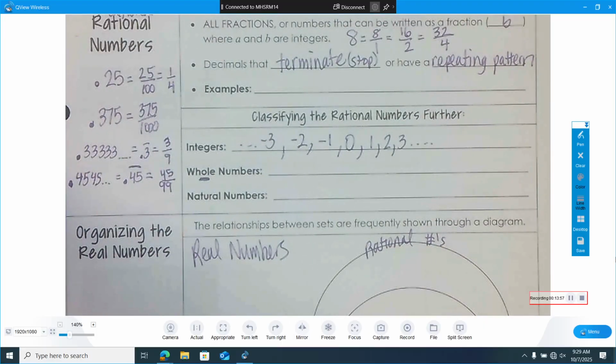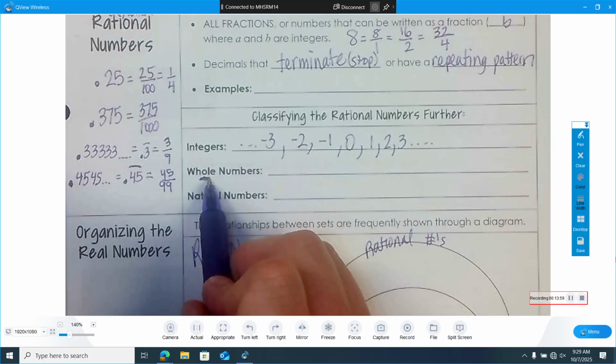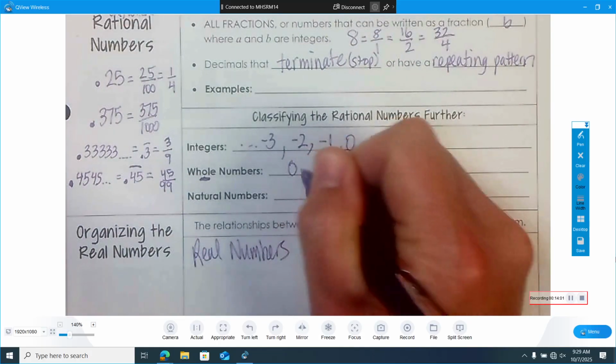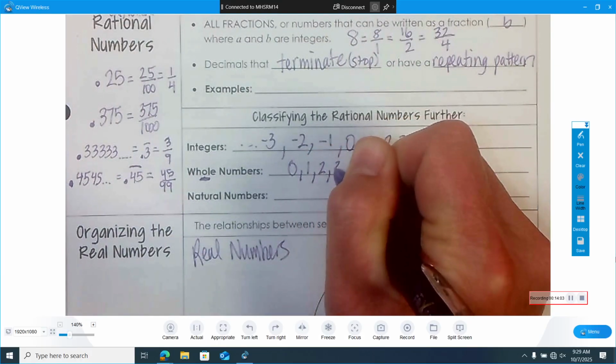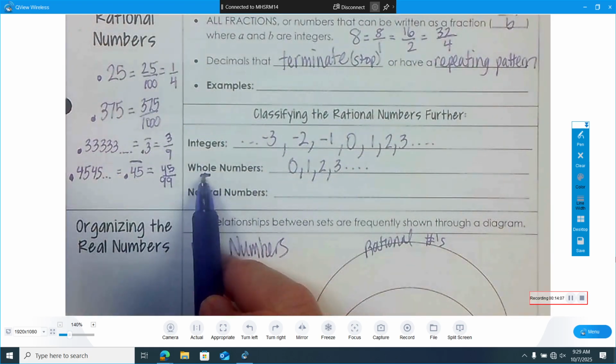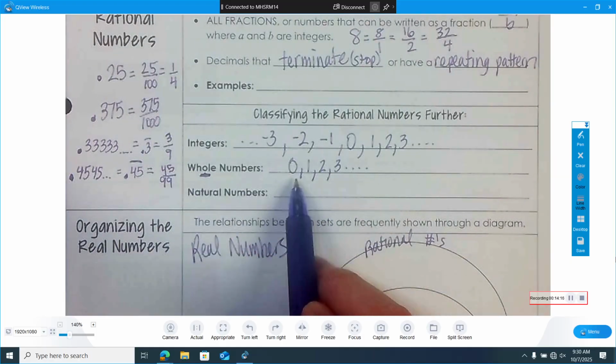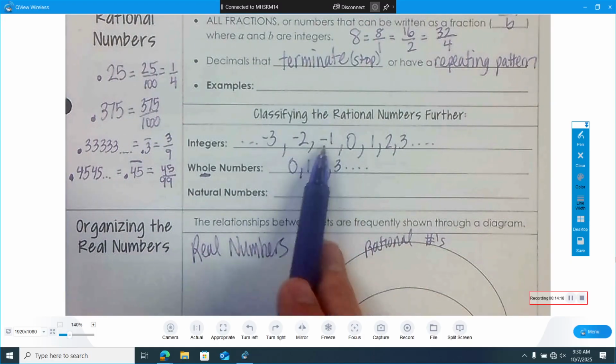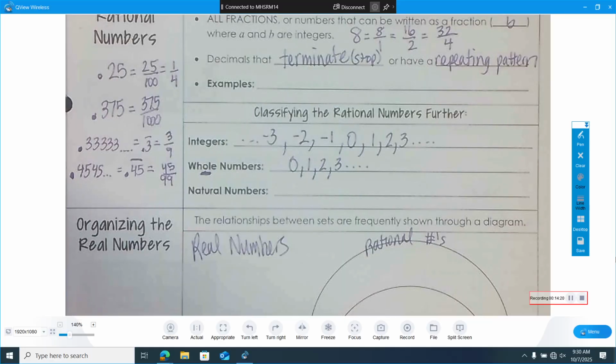Whole numbers have a 0 and a 1. It starts with 0, 1, 2, 3, and so on and so forth. So the whole numbers, do you see the 0 inside the word whole? Got to pretend a little bit, but that's how you remember the whole number starts with 0, and then it goes to 1. So 0, 1, 2, 3. It's about half the size of our integers, so it's a little smaller.